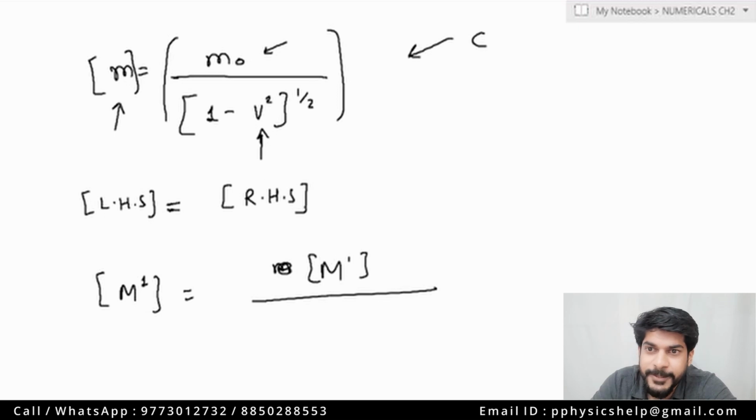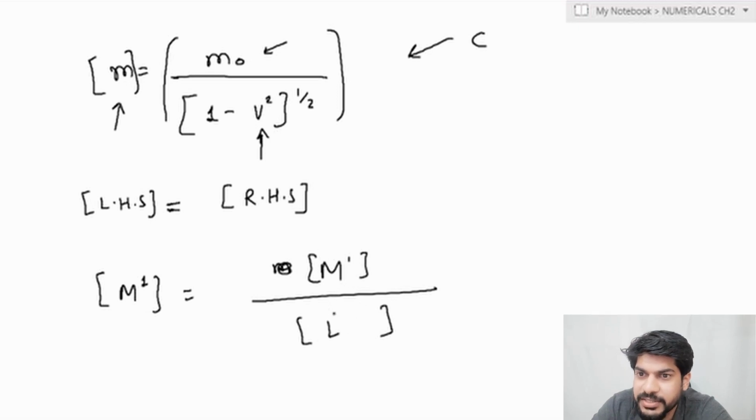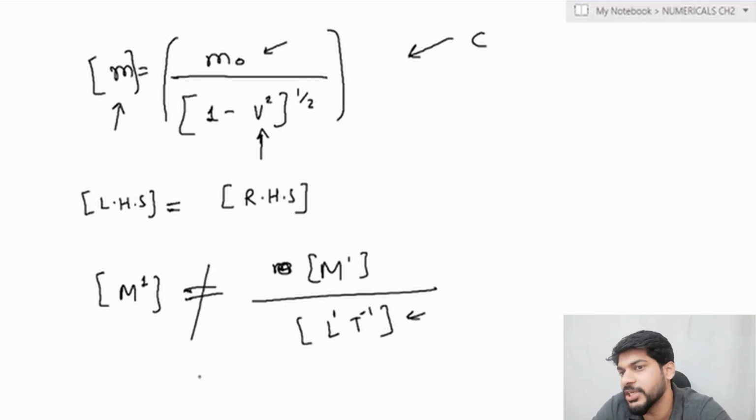But one thing is sure, there will be some dimensions, because there is a velocity, so at least we can say there is L raised to 1 T raised to minus 1, because this is the dimension of velocity. So at least these should be the dimensions in the denominator. You can see that the dimensions on both sides are not equal. That means this equation is not correct.